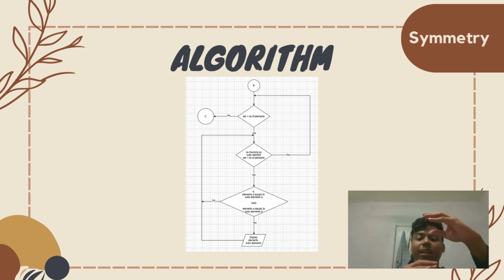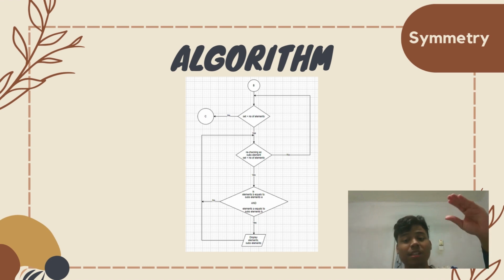So we can reconnect both elements, making the condition of whether the first set of elements is related to the subset of elements, which means we proceed to another condition: element B equals sub element A, and element A equals sub element B. If yes, then we display both sets of elements as its relation. And if no, it keeps repeating until we proceed to the next algorithm.